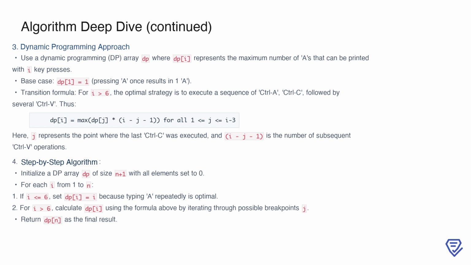The transition formula, DP[i] equals max of DP[j] * (i - j - 1), calculates the maximum result by considering all possible breakpoints j, where j is the point of the last Ctrl-C, and i - j - 1 represents the number of Ctrl-V operations that follow. To implement this, we initialize the DP array, set DP[i] equals i for small values of i, and for larger values, iterate through all potential breakpoints to compute the maximum value. The result for DP[n] gives the desired maximum number of A's.